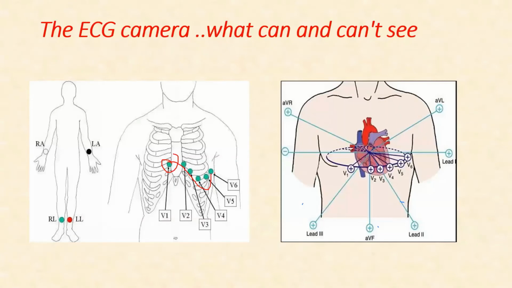So the 12 lead ECG is missing the RV and is missing the posterior. That's why if you have a suspicion of RV infarction, you have to bring the leads to the right side. If you are suspecting posterior, take these leads and put them in the back. Otherwise, the conventional ECG is blinded to the RV and the posterior wall.